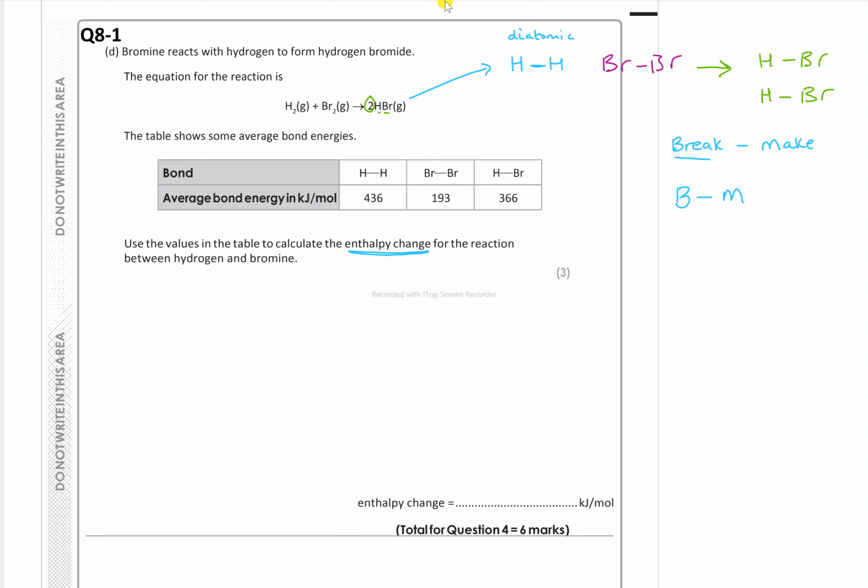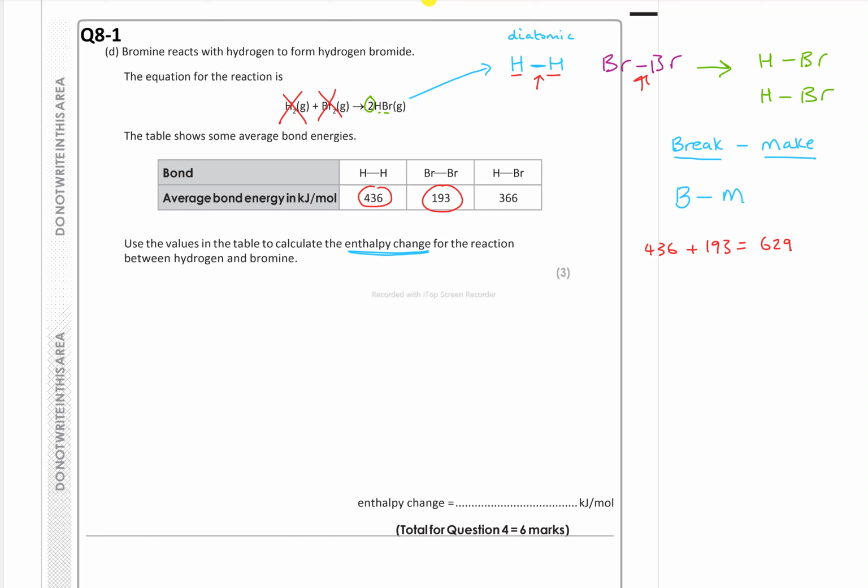So we need to break up everything and then rebuild it. So what do we break up? We break up that which is there, and we break up that which is there. So what is a hydrogen to hydrogen bond? It's going to be 436 plus bromine to bromine is 193 equals 629.